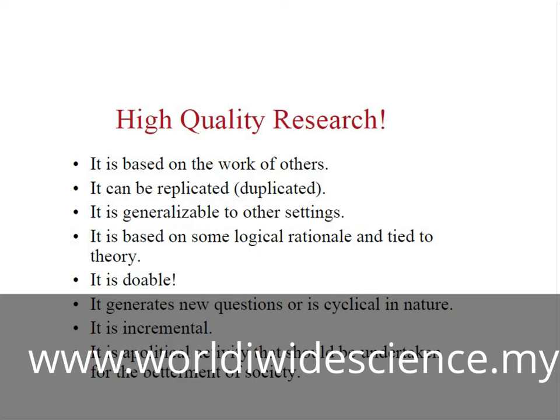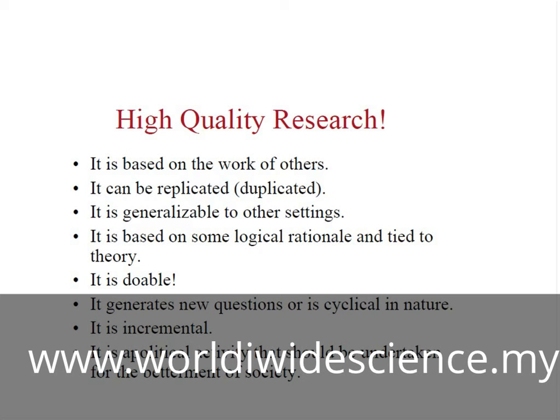Okay. So what does it mean that we have a high quality research or no? So the first point is that when you want to do a high quality research, meaning that you should do a lot of literature review, you should read a lot of journals, lots of articles, books, conference proceedings, reports from the company, all the things that you think should be useful for you.